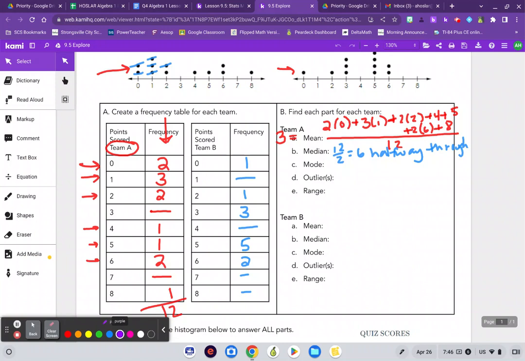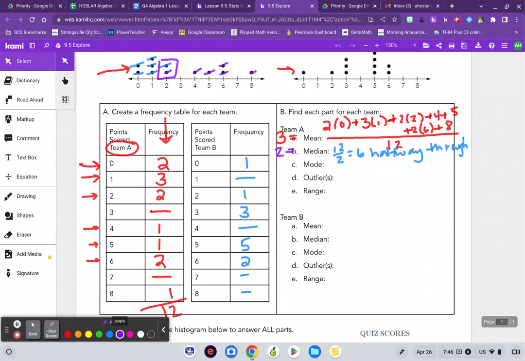Coming in from the right, all the way at the right, I'm going to count 1, 2, 3, 4, 5, 6. Because I've crossed off all my data coming in from the left and right, I have no data left over, so I have to find the middle number between 2 and 2. Well, there is no number between 2 and 2. The number between 2 and 2 is 2 itself.